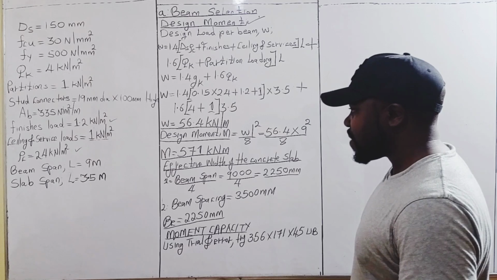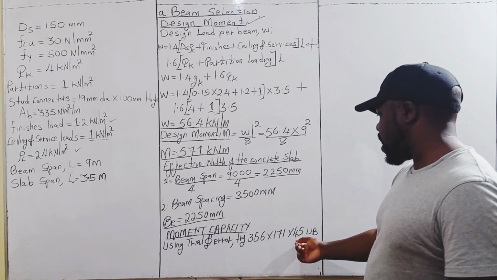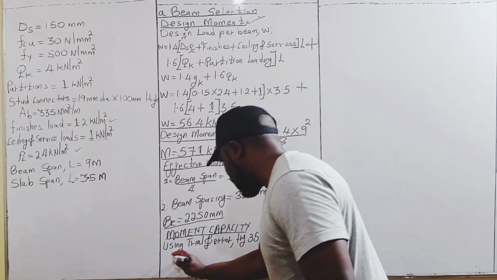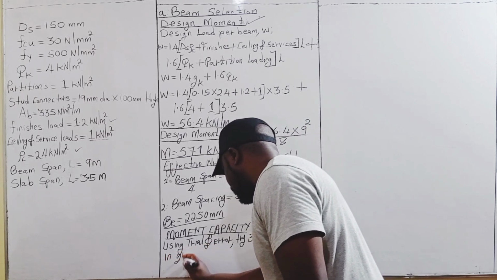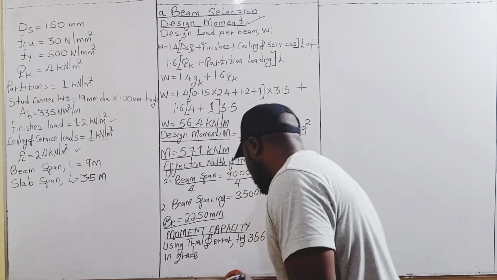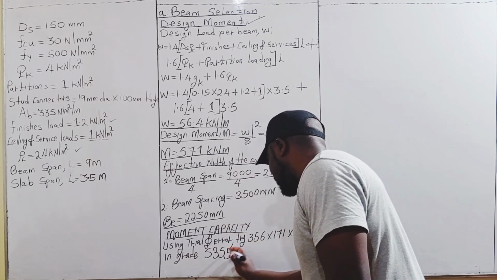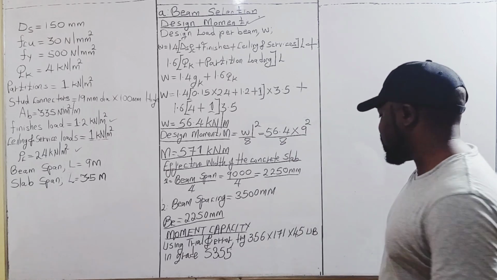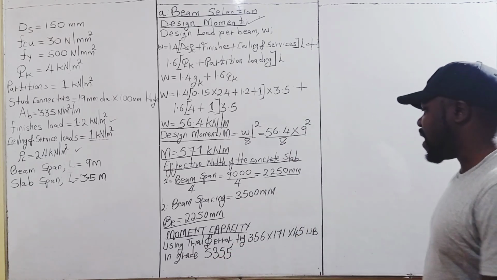And in this case, this particular UB section will be of grade S355 steel section. That is what we are going to try in our case.